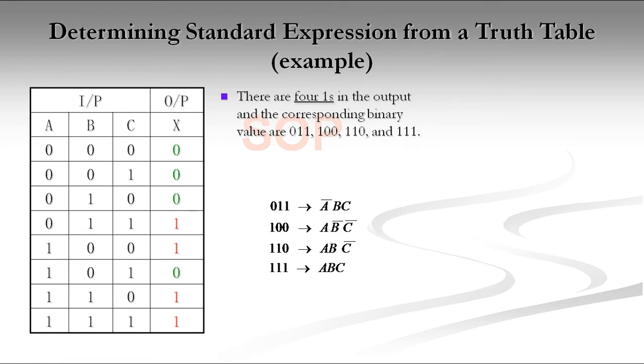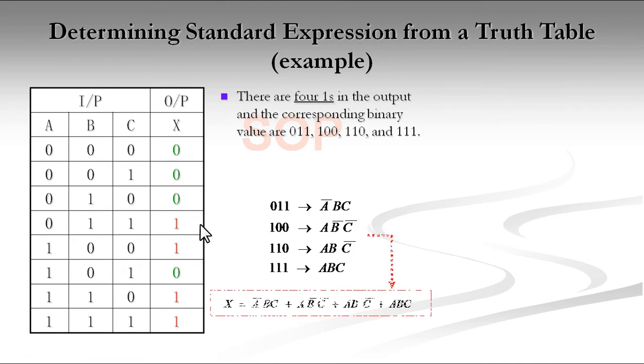Now you need to write the designated values for this. 0 represents bar and 1 represents no bar over it. So it is A bar B C, A B bar C bar, A B C bar, A B C are the values for this output as 1.